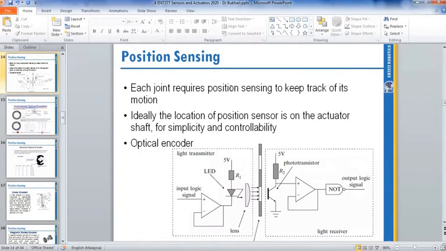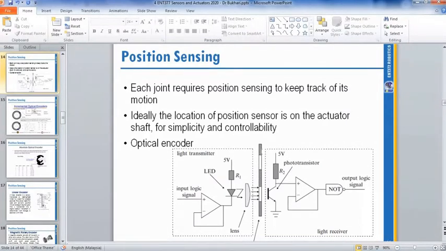Each joint requires position sensing to keep track of its motion. Ideally, the location of the position sensor is on the actuator shaft for simplicity and controllability. This is one type of optical encoder. Some are rotary, some are straight. Rotary ones are normally put at your servo motor or DC motor to measure your rotary rotation position.